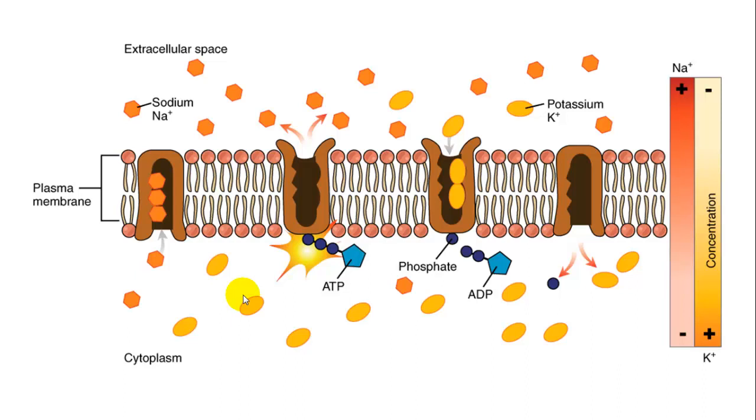Now this is an active process because it's actually moving these ions against their concentration gradient, so it requires ATP. What it does is it takes sodium from inside the cell and moves it outside the cell. That requires ATP. And then at the opposite end, once it's open on the other side, it takes potassium and moves it inside the cell. And that keeps the concentration of potassium high inside the cell and sodium outside the cell.